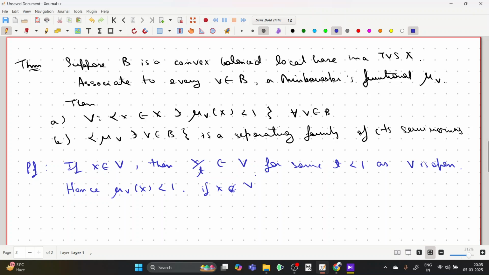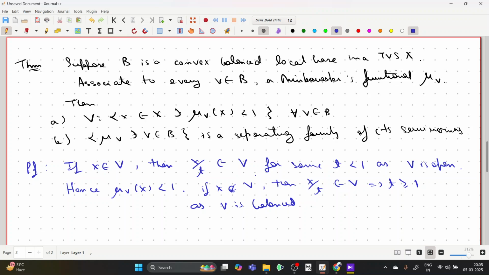Now if x is not in V, then x by t is in V, which implies t must be greater than or equal to 1, and this is why, as V is balanced.